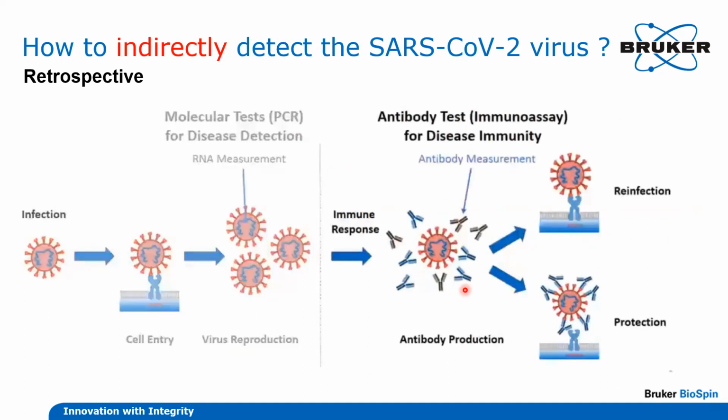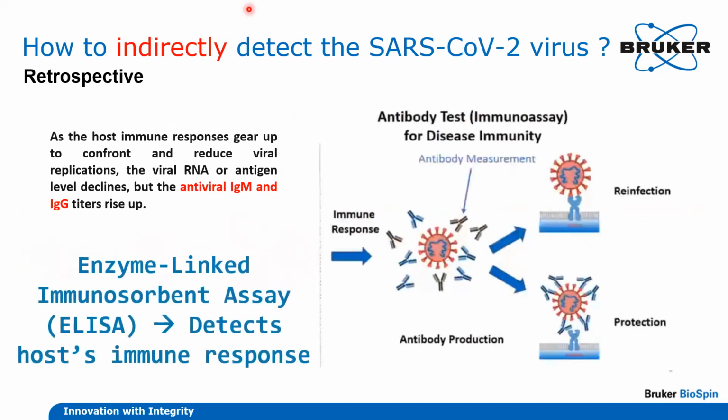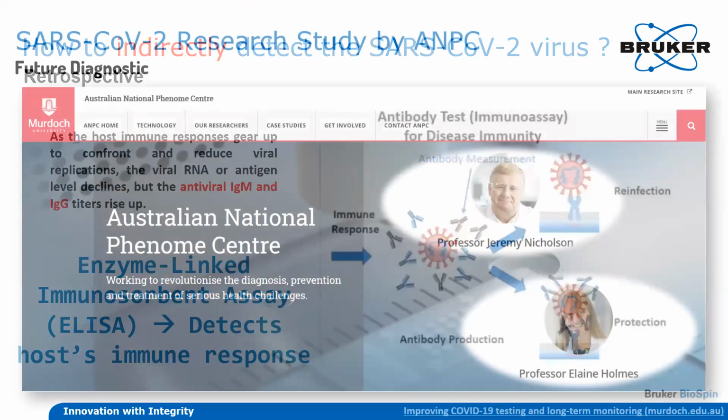So we can also consider the antibody test for the patients, because as the body defense builds up, the body will produce antibodies. We can use the ELISA test to detect the antibody through this serological test, or antibody test, or immunoassay test.